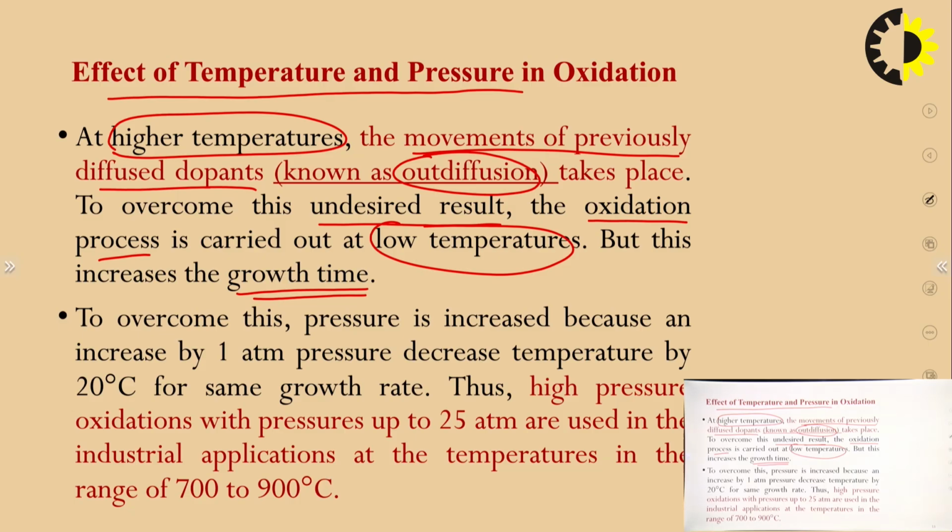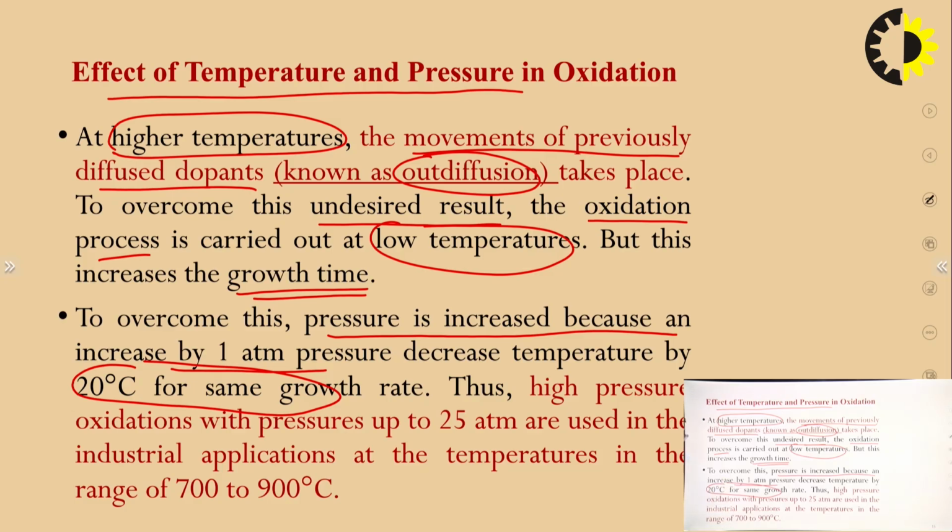Now, let us see the effect of pressure. If the pressure is increased, say by 1 atmosphere, we can do our oxidation at the same oxidation rate by decreasing the temperature by 20 degrees centigrade.